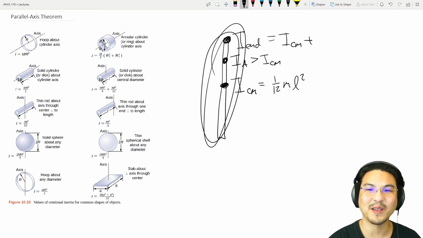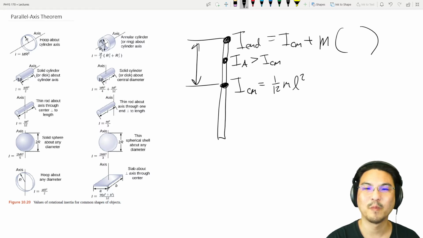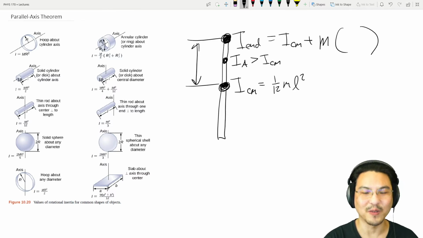The mass of the object times the distance between these two axes squared. And the axes have to be parallel. For example, straight out of the page over here, straight out of the page over here. They can't be misaligned. They have to be parallel axes. And so this is called the parallel axis theorem.